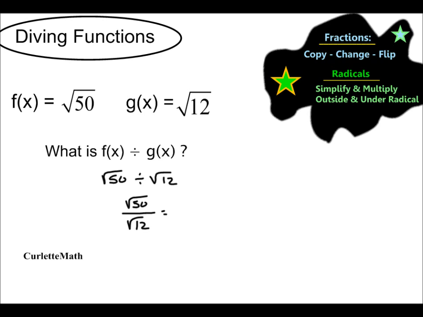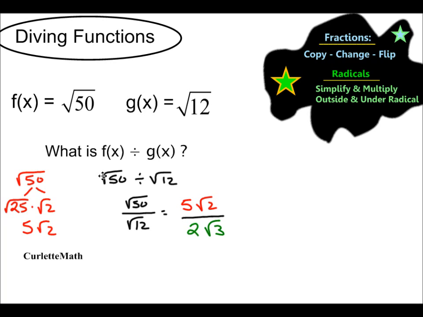And when we look at this, the square root of 50, let's do a little scratch work, breaks down as the square root of 25 times the square root of 2, which is 5 square roots of 2. We've worked out several times the square root of 12, so we should know that that's 2 square roots of 3. Now look here, the square root of 2 and the square root of 3 are not the same. So they're not going to go away, and they're not going to simplify down.